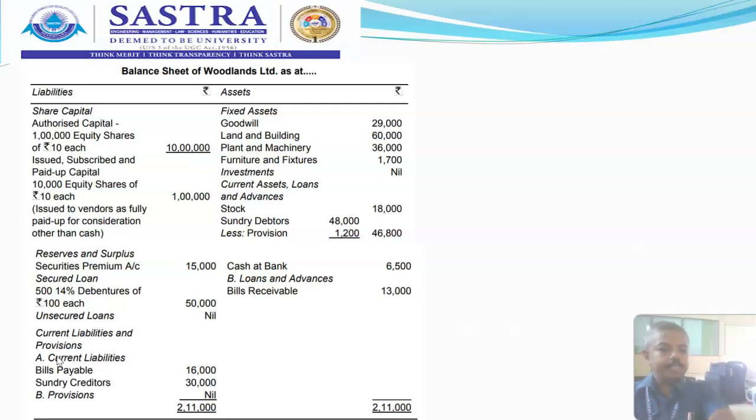Only the face value we need to pay. Within brackets you can also write, this has been issued to vendors as fully paid up for consideration other than cash. Please make a note, because they did not receive any money. So 10,000 equity shares of rupees 10 each comes to rupees 1 lakh.